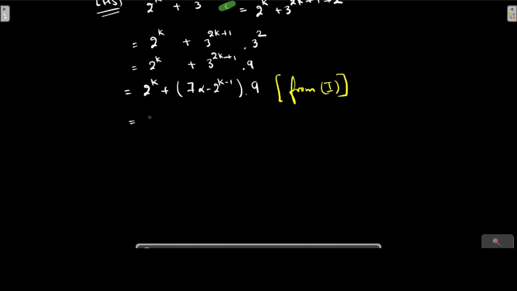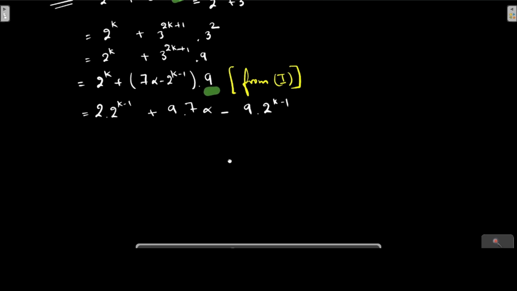So 2 to the power of k is there, and here it's k minus 1. Let's make the power same. So I'll pull 1 2 out. So it will be 2 to the power of k minus 1 times 2, plus 9 times 7 alpha. I'm multiplying this 9 with the given bracket. So it's 9 times 7 alpha minus 9 times 2 to the power of k minus 1.